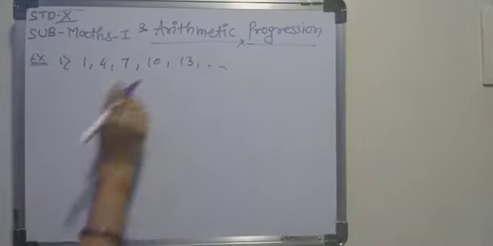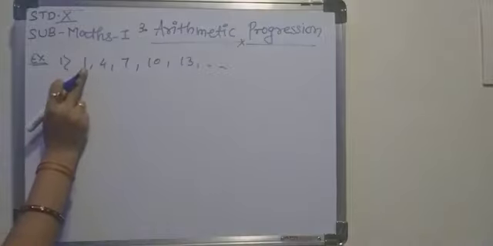Now they have given you an activity on page number 56. So let's see this activity. First example. See the first example. They have given you the series 1, 4, 7, 10, 13 and so on.